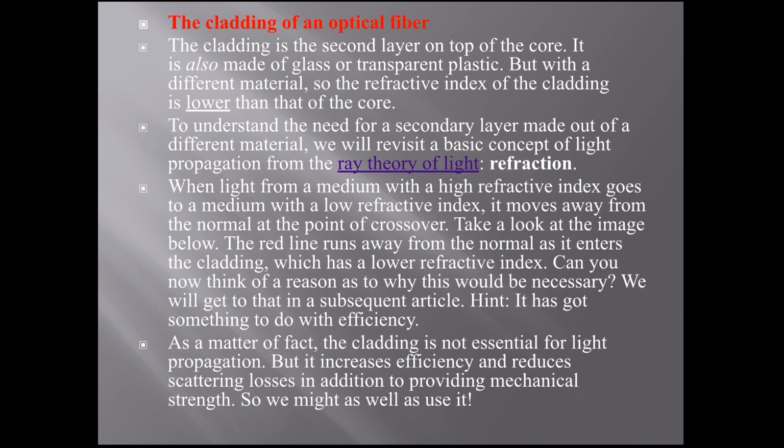You can now think of a reason as to why this would be necessary. We will get to that in subsequent articles. As a matter of fact, the cladding is not essential for light propagation, but it improves efficiency and reduces scattering losses in addition to providing mechanical strength. So we might as well use it.